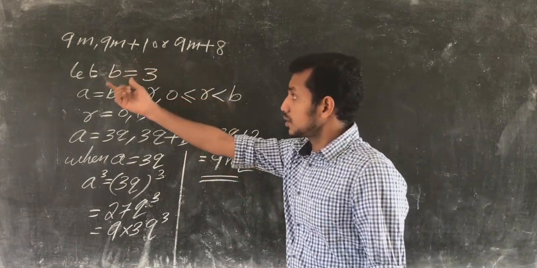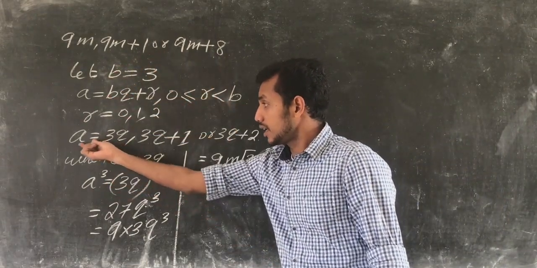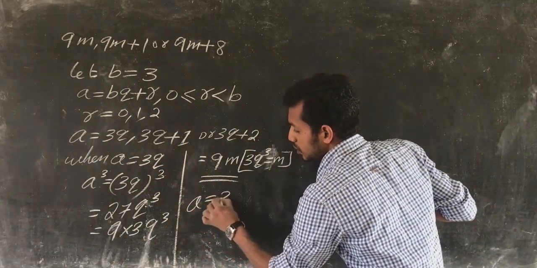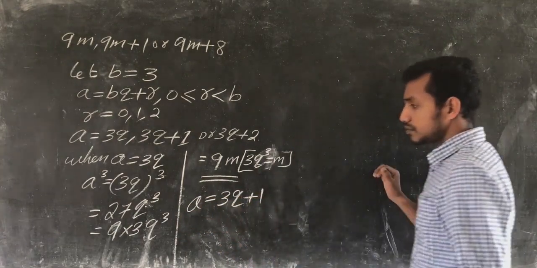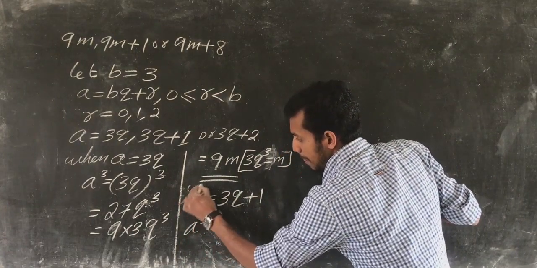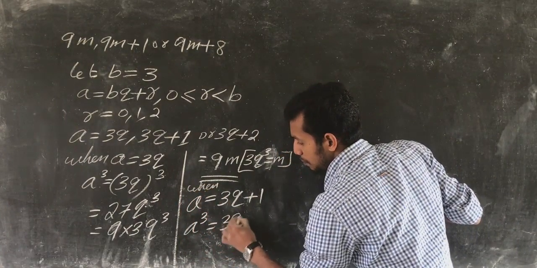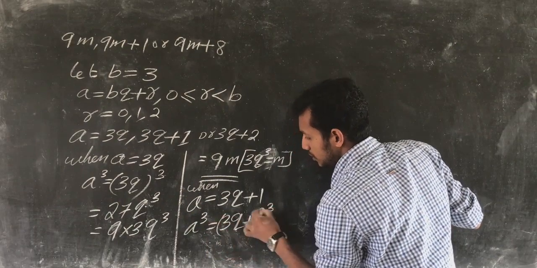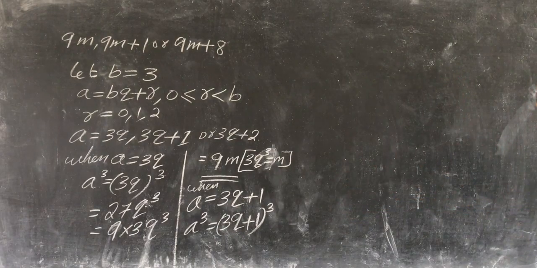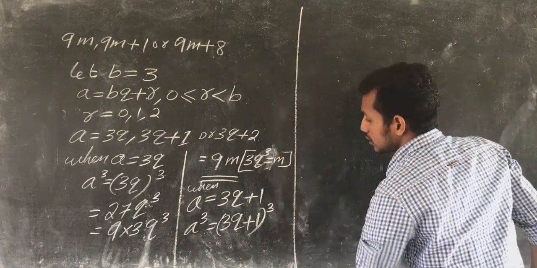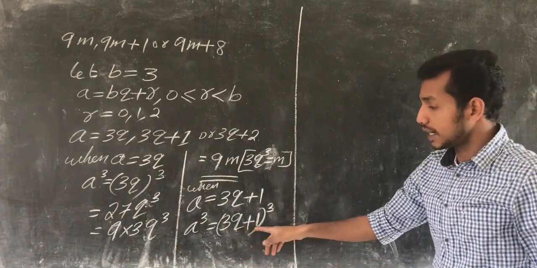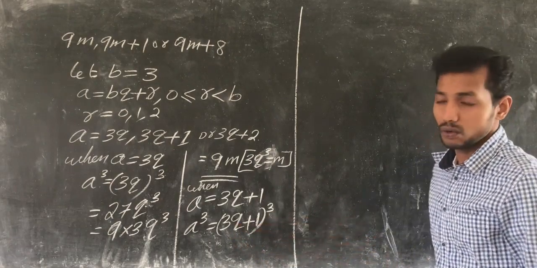Similarly, we are going to take when a equal to 3q plus 1. We will get a cube is equal to 3q plus 1 whole cube. Here it is in the form of x plus y whole cube. Apply that identity to expand this whole cube.